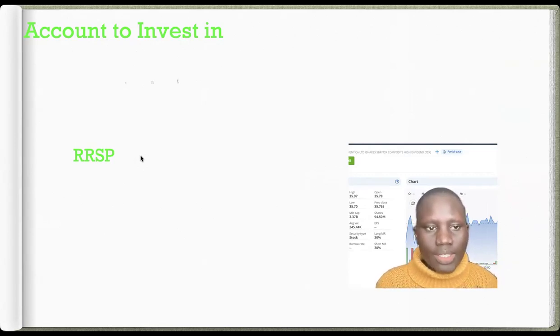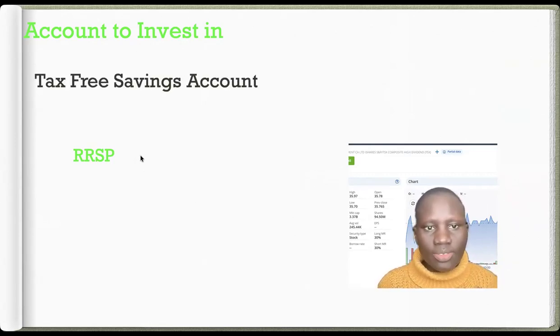For me, the tax-free savings account is the priority. But if I want to buy dividend stock from the US, I have to use RRSP, and with RRSP you can avoid withholding tax from the US government.